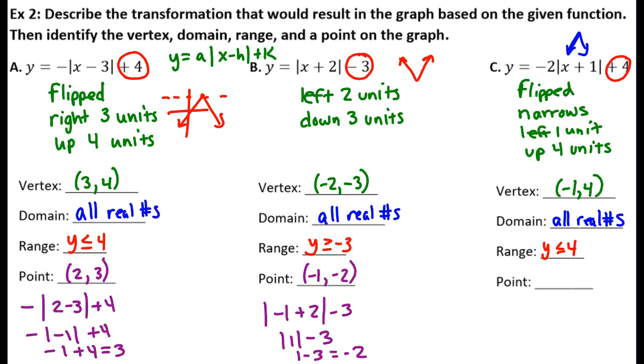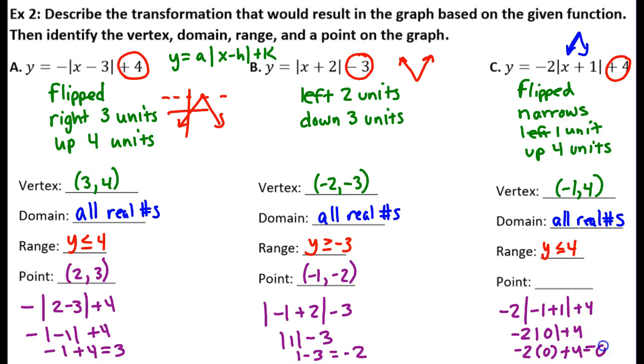And now another point on this graph, so a number that is close to positive 1 or the opposite of that. So like you could choose negative 1, so negative 2 times the absolute value of negative 1 plus 1, and then plus 4 at the end. Negative 1 plus 1 is 0, so the absolute value of 0 multiplied with negative 2 plus 4. Absolute value of 0 is 0, so negative 2 times 0 plus 4.